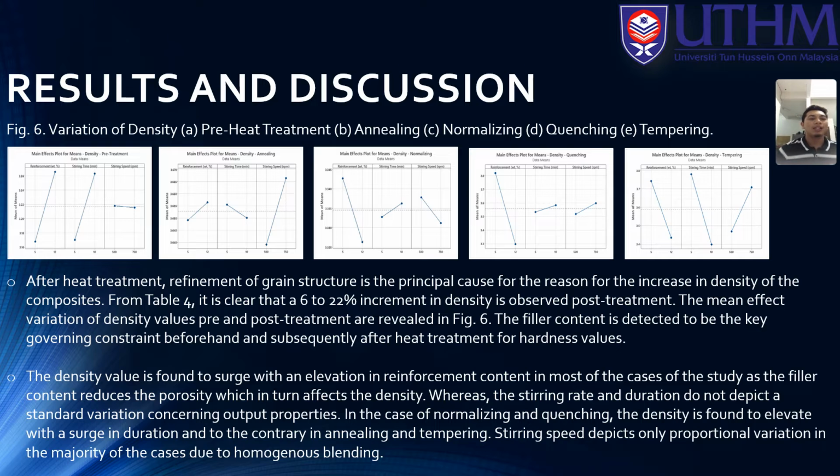After heat treatment, refinement of grain structure is the principal reason for the increase in density of the composite. From Table 4, it is clear that a 6 to 22% increment in density is observed post-treatment. The main effect variation of density values pre and post-treatment are revealed in Figure 6.